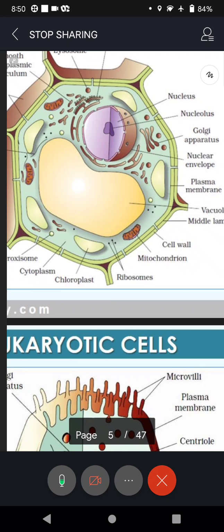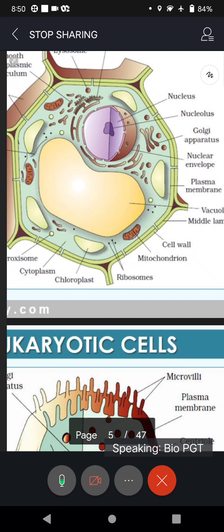Next, Golgi apparatus. As I said, see, there are tube-like structures and spherical structures. Round bubbles will be there. So that together, the tube-like structures and bubbles are Golgi apparatus. And the Golgi apparatus performs a variety of functions. One of the functions you must remember is it helps in formation of vacuoles.